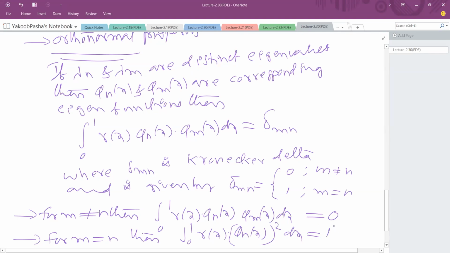This property is known as the orthonormal property of SL.